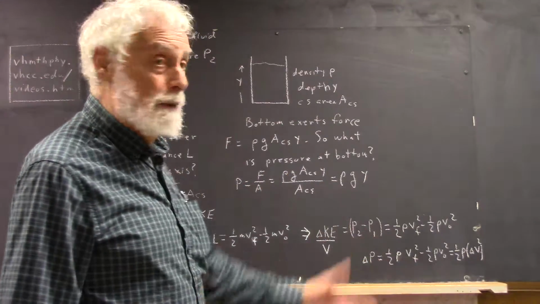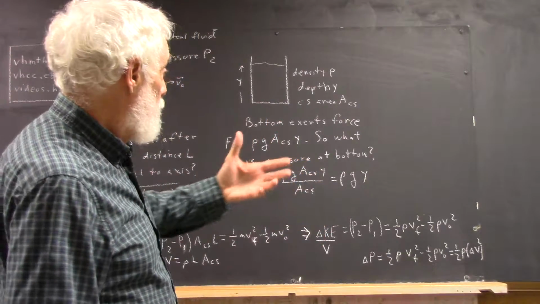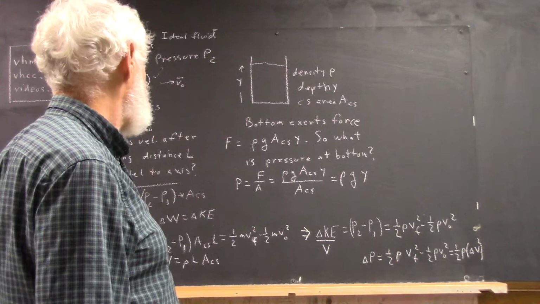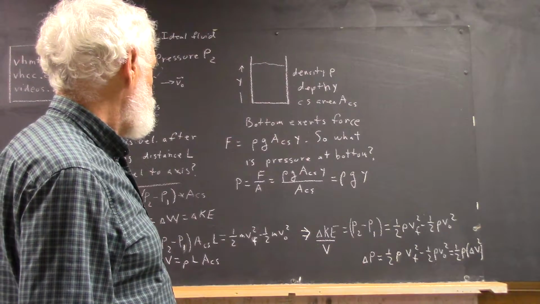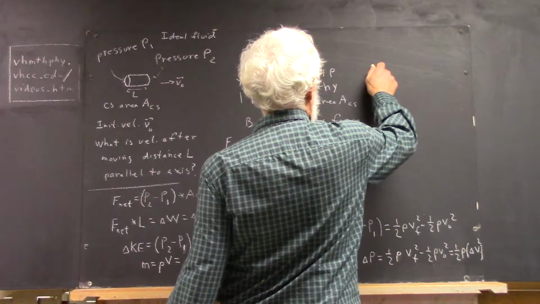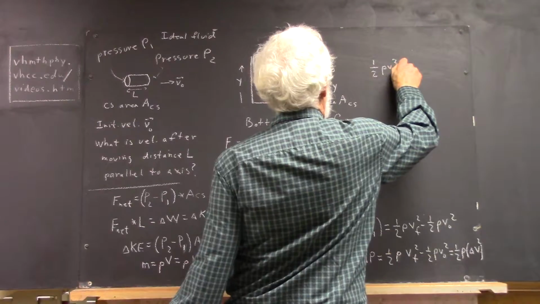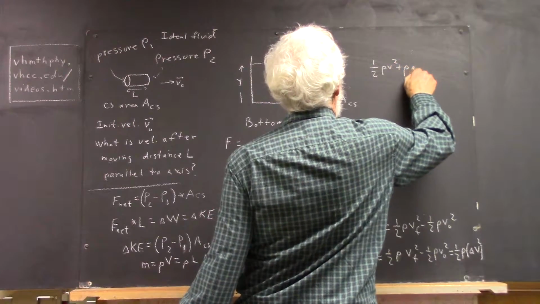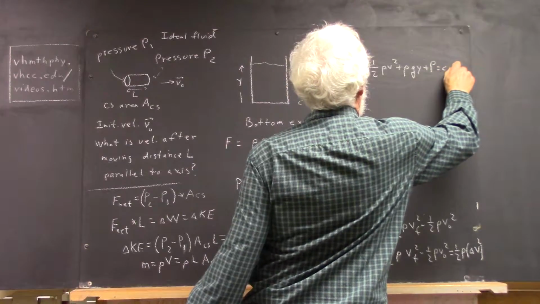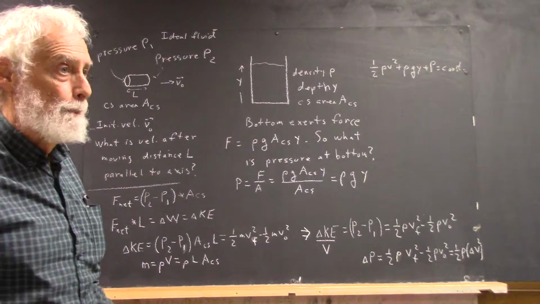Now we have all the elements we need for Bernoulli's equation, and you can relate to how each of these comes about. So I'm going to write out Bernoulli's equation, which I did last time, but it's 1/2 rho v squared plus rho gy plus p is constant.